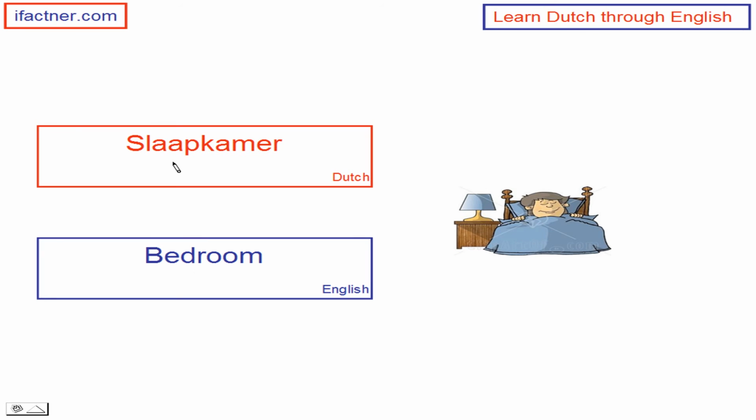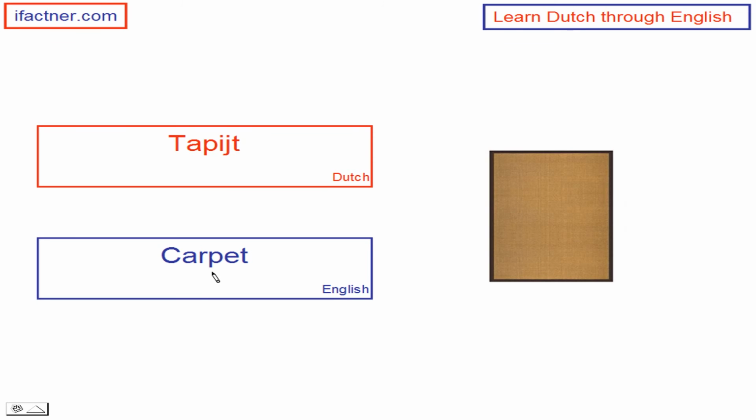Bedroom, slaapkamer. S-L-A-A-P, slaap, slaap means sleeping, kamer means room. K-A-M-E-R, kamer, slaapkamer. Carpet is called tapijt.